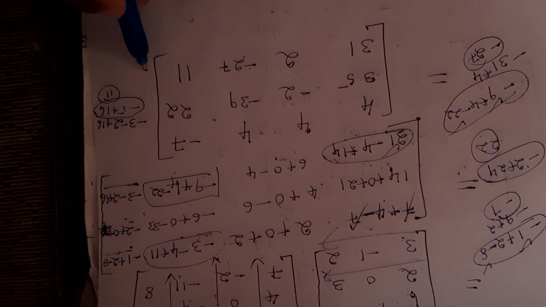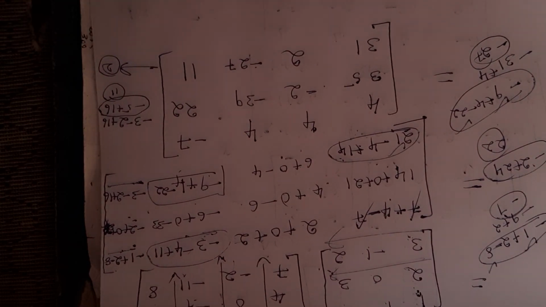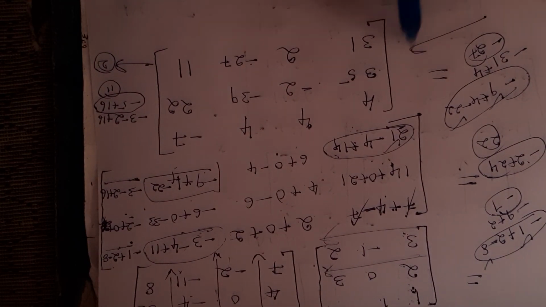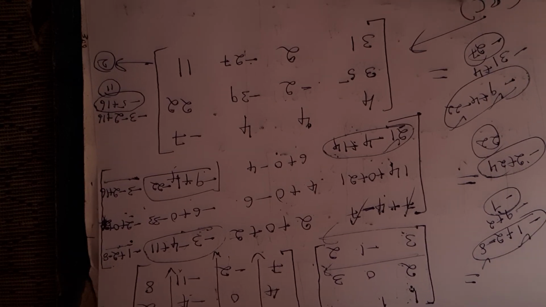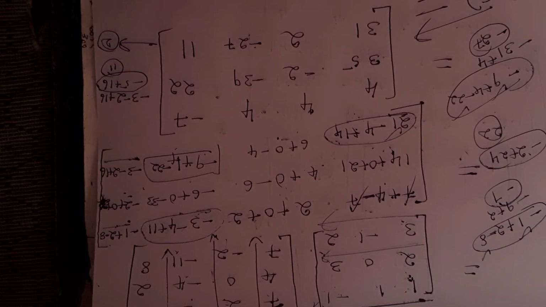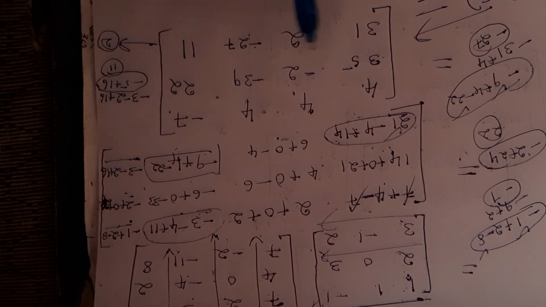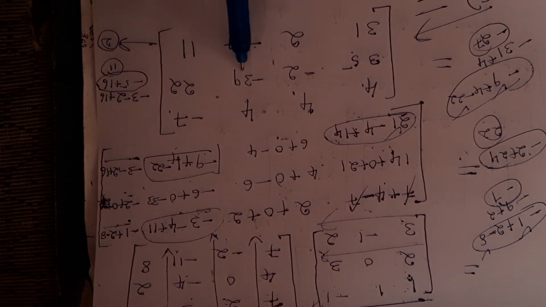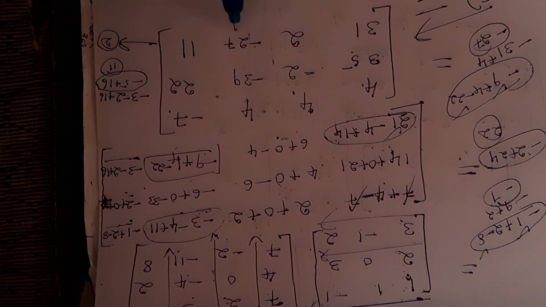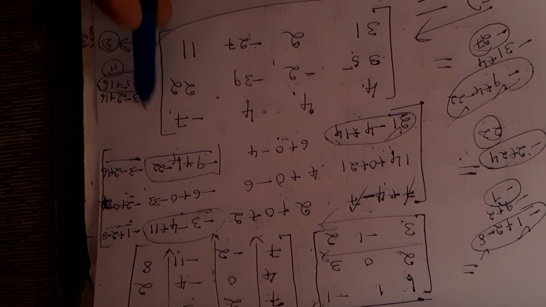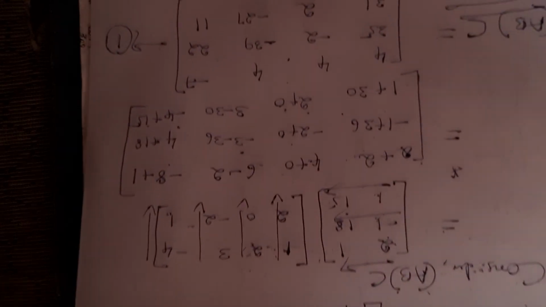Okay, so let us call this as equation 2. So what is this product here? This is A into BC. See, 4, minus 7, 35, minus 2, minus 39, 22, 31, 2, minus 27, 11. So let us compare this with what we got here.